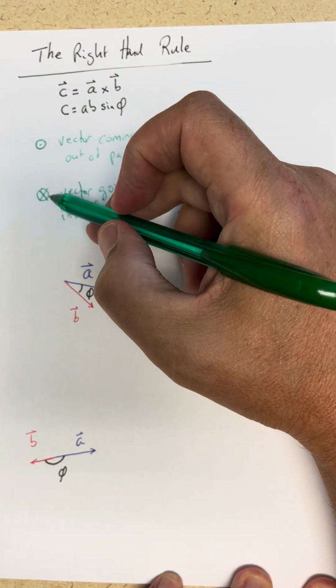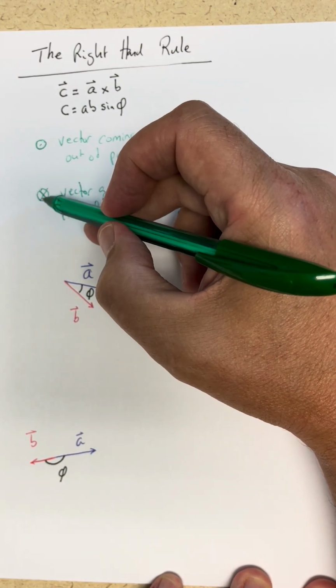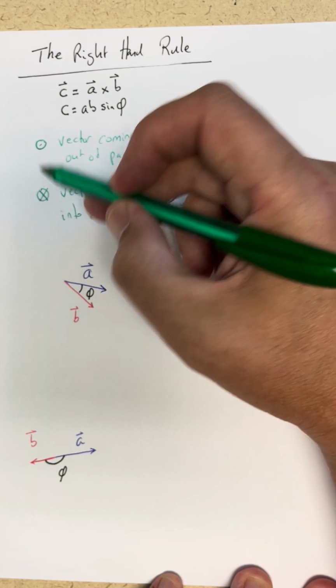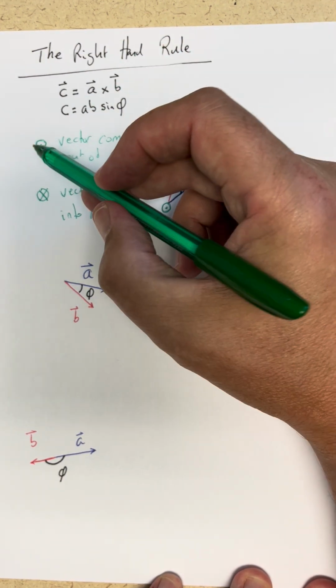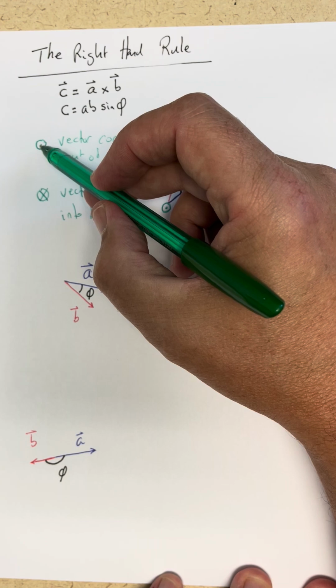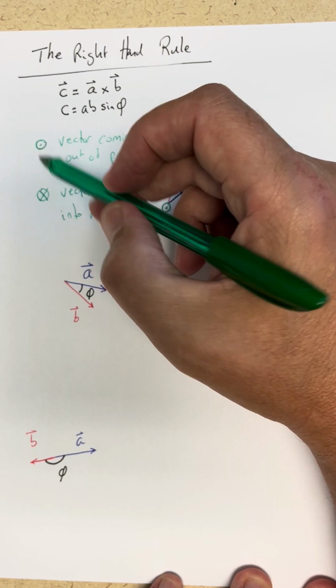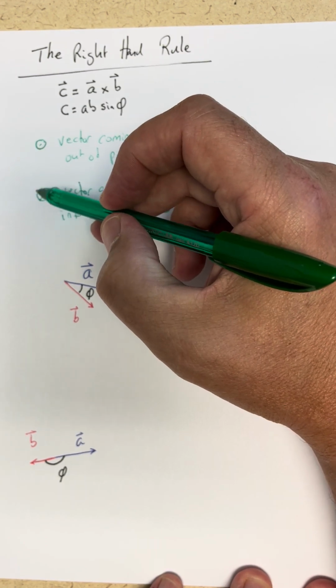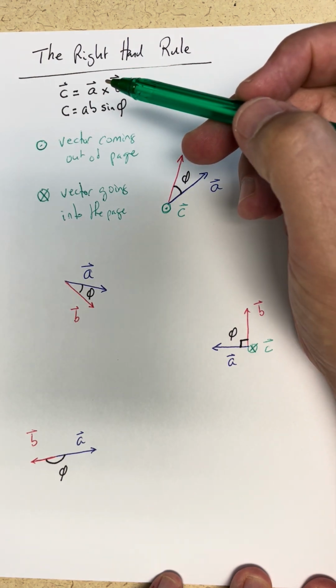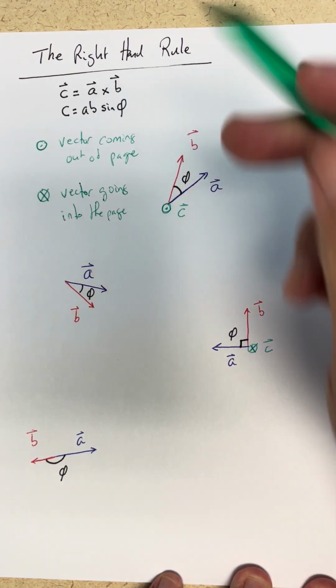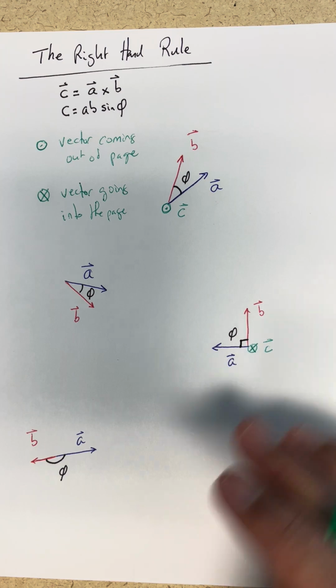And the interpretation of that is it's a circle with a cross because you're seeing the fletching on the arrow. Circle with a dot is the sharp pointy bit of the arrow coming at you. Circle with a cross is you're seeing the fletching. Right, so let's try another one.